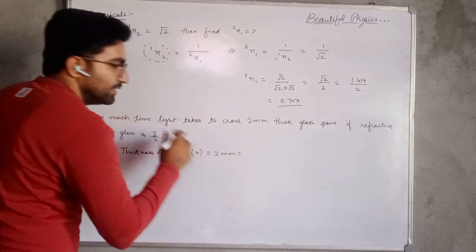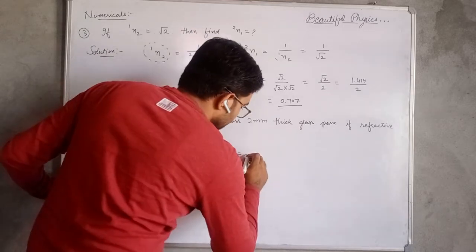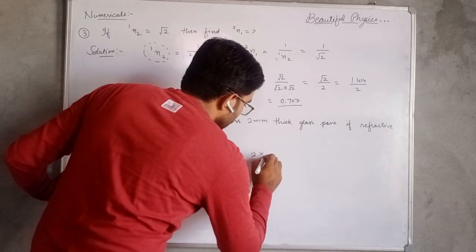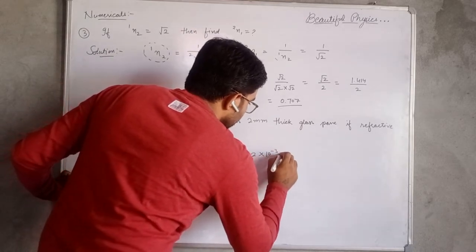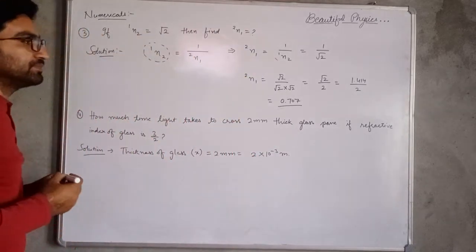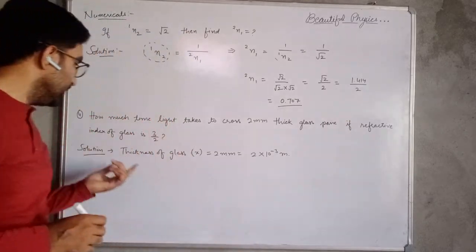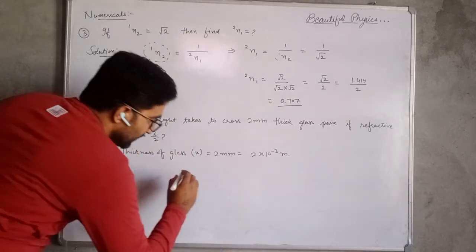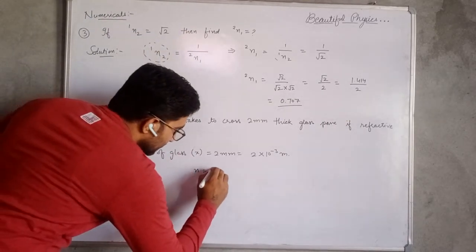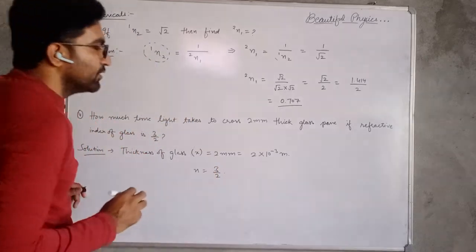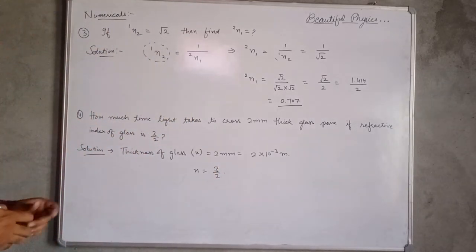We have to convert it into meter, and when we convert millimeter into meter, it will be equal to 2 into 10 raised to power minus 3 meter. Okay. If the refractive index of glass n is 3 by 2. Okay, and the refractive index is given here.